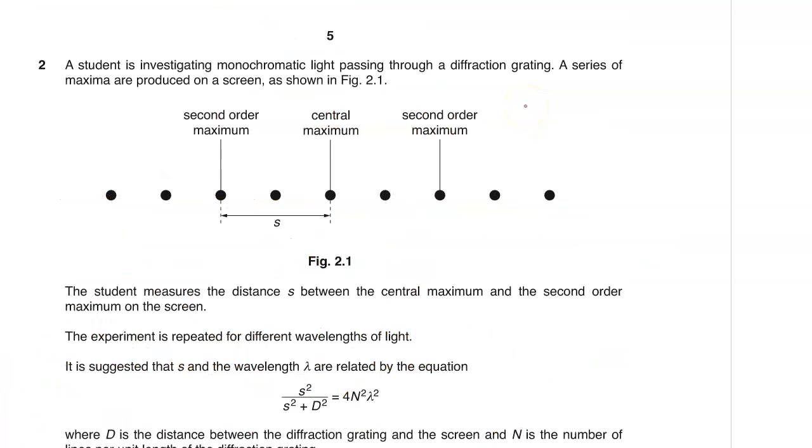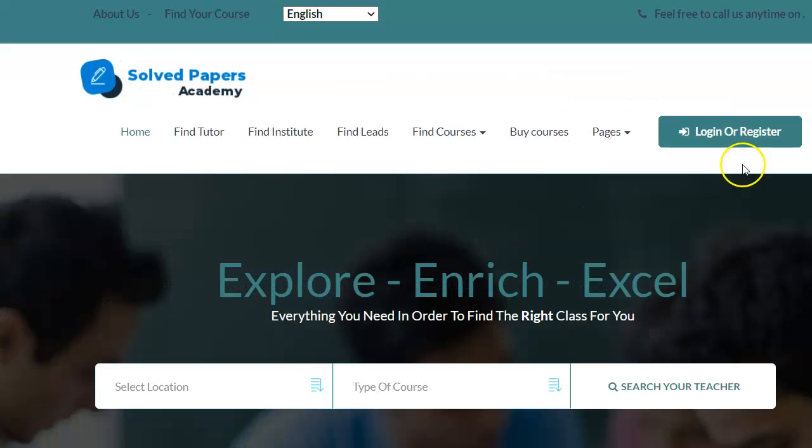It's great you're watching these videos, but I encourage you to practice working out these questions yourself. You may get this same paper I'm solving right now from either the CIE site or from solvedpapers.co.uk. You can get both unsolved and also solved papers. The site that I'm talking about is this site here.